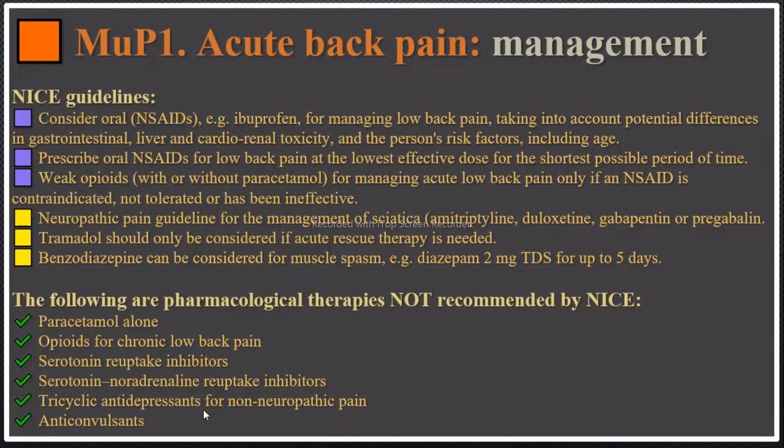Tricyclic antidepressant for non-neuropathic pain, don't choose. You choose these in neuropathic pain, okay? But for non-neuropathic pain, don't choose these drugs. Anticonvulsants, don't choose. So if the patient has a spasm, don't choose anticonvulsant. You can use benzodiazepine only, diazepam only.